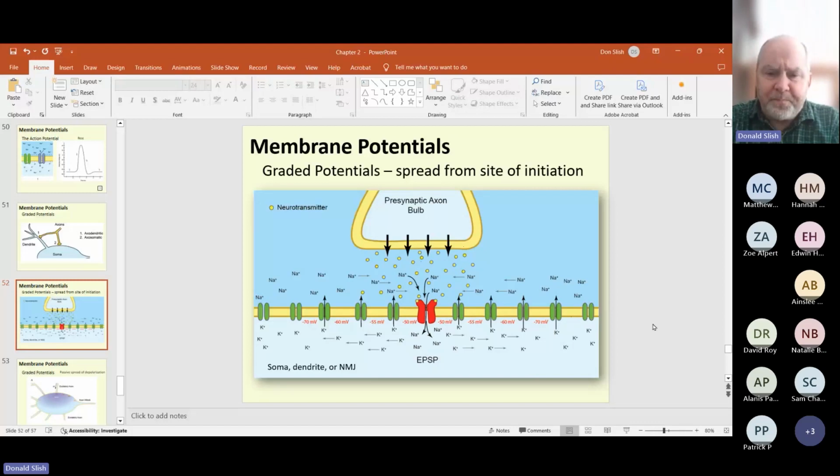The opposite then is an inhibitory postsynaptic potential. The other major type of synapse in your brain are the glutamate, or I'm sorry, the GABA synapses. They're going to release gamma-aminobutyric acid, GABA, which activates the GABA receptor, which is a chloride channel. Chloride then comes in, and since you've got a negative charge coming in, it becomes more negative on the inside.